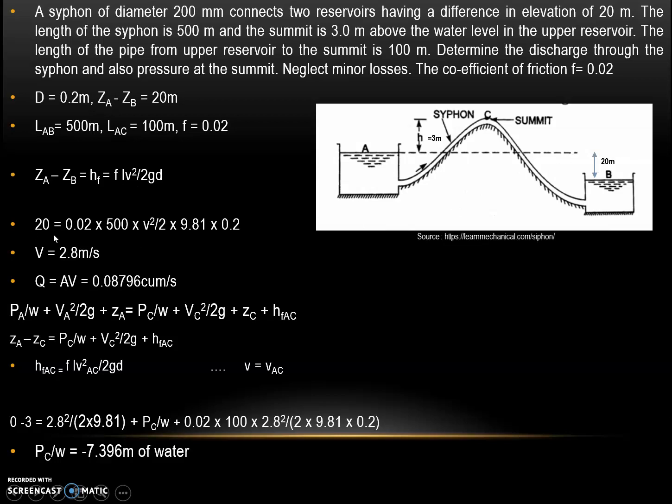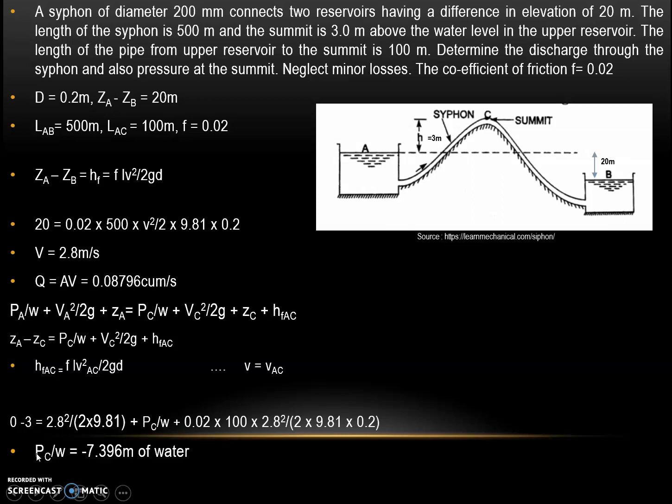ZA minus ZB is 20 meter, which is equal to F is 0.02, L is 500, V as it is because we need to find out the value of velocity which is not given, and G is 9.81 and diameter is 0.2, with which we get velocity as 2.8 meter per second. So Q is equal to A into V and that value is 0.08796 cubic meter per second. So we have found out what is the discharge through the siphon.